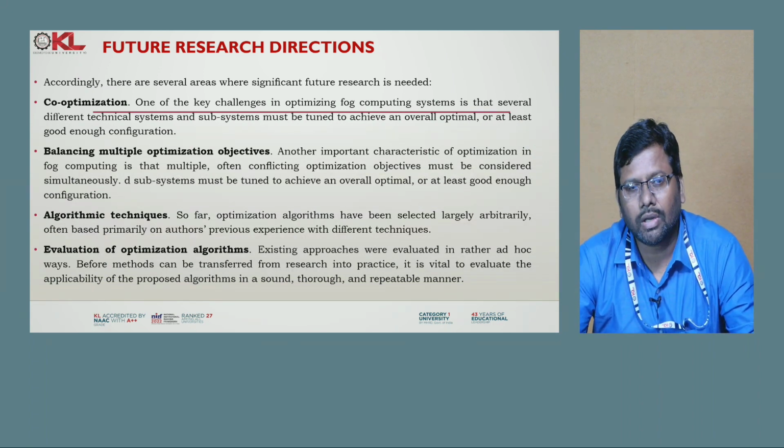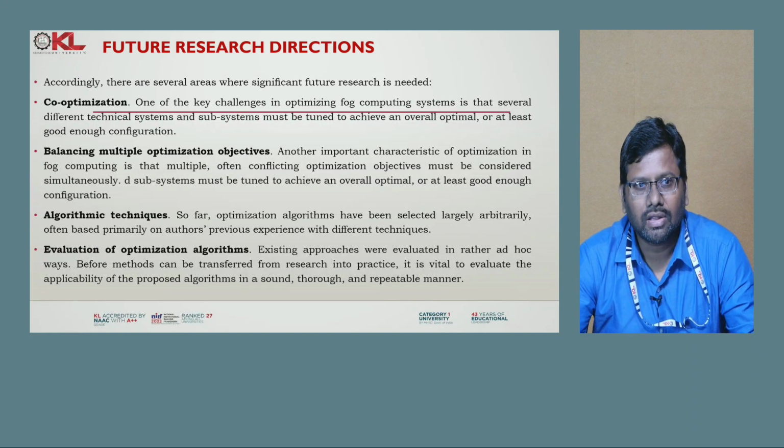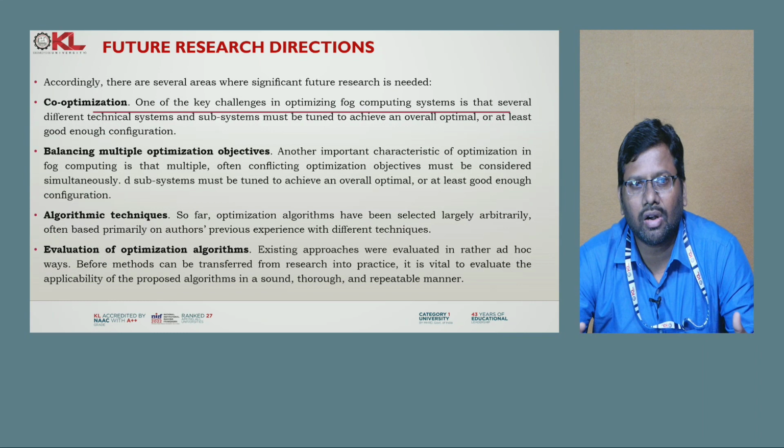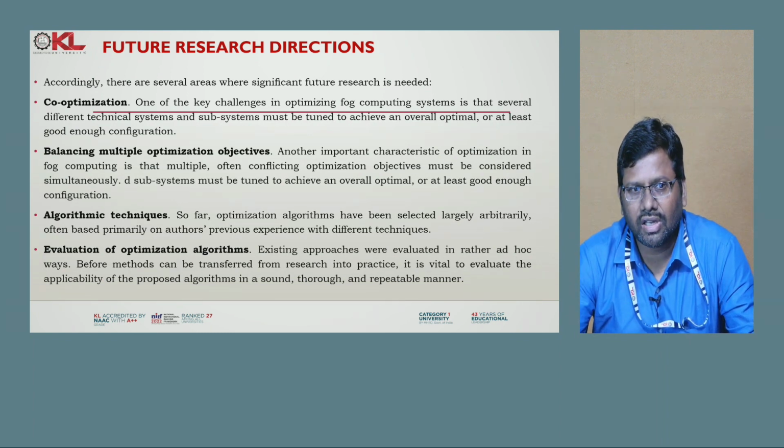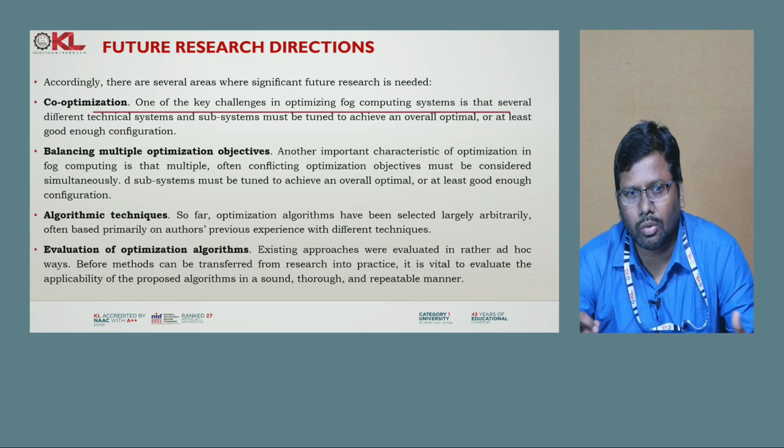In a group, if you want to take a good decision, we have to convince all of them, and all of them may have different thoughts. In a similar way, when you are running an application that requires various devices or resources, every resource has its optimality at different thresholds. We have to coordinate among them.